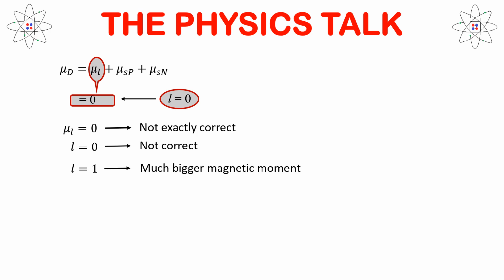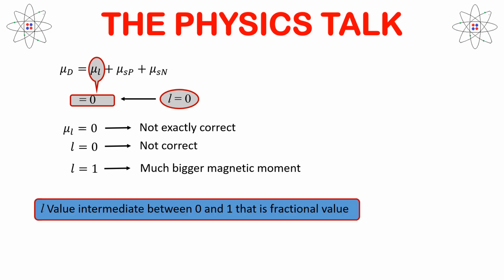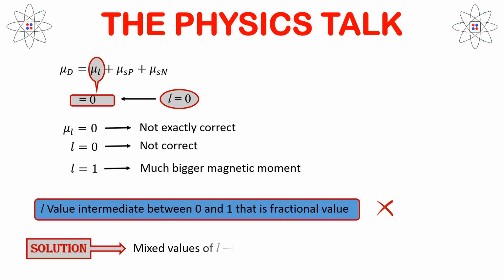The calculated value can be tailored to match with the measured value by taking a value of L intermediate between 0 and 1. That is a fractional number, but that is of course not allowed. L can have only discrete numbers. Therefore, the only way out is to have mixed values of L, 0 and some other value. Now we will focus on what could be that some other value.